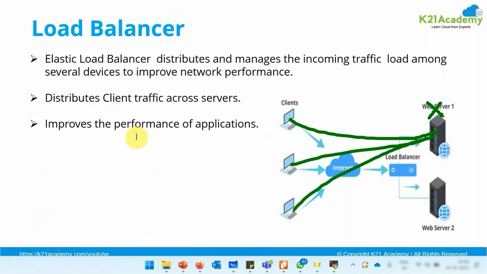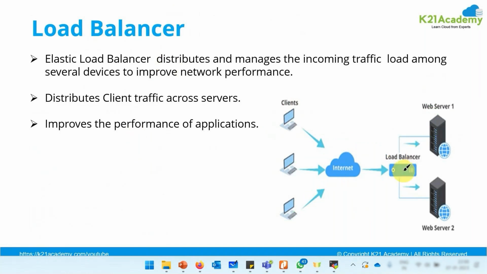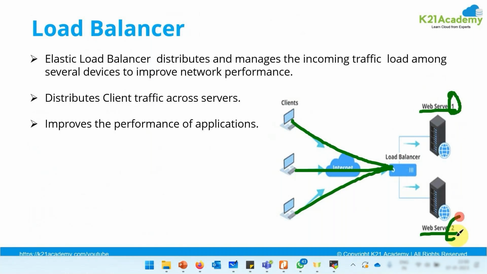With the help of the load balancer, the traffic doesn't go to the server directly. The traffic is received by the load balancer, and the load balancer will have multiple instances running behind it. Suppose there is a web server, a replica of the web server will be created, so there will be one web server and a second web server, and both will be replicas of each other.